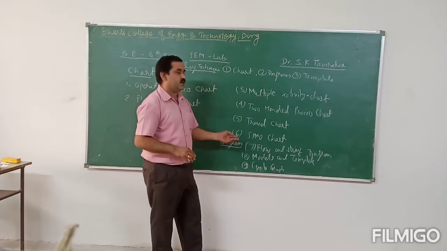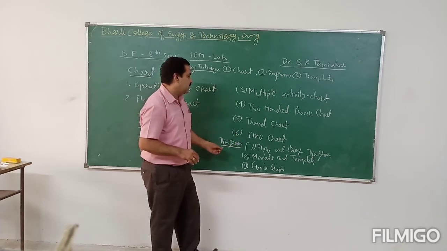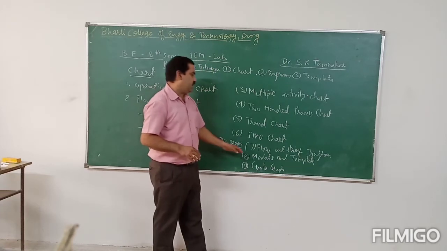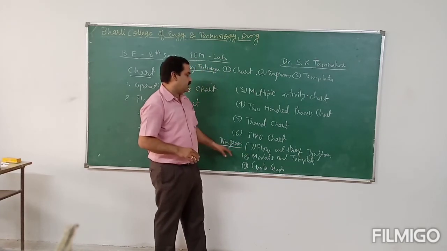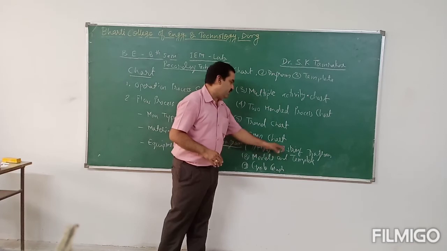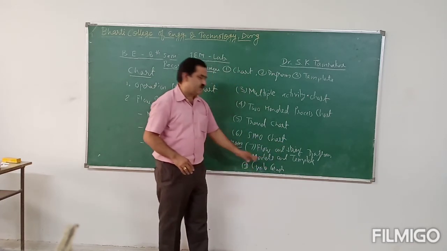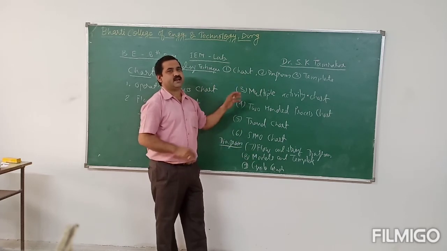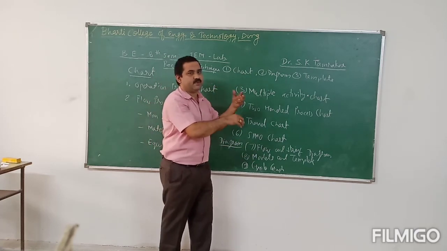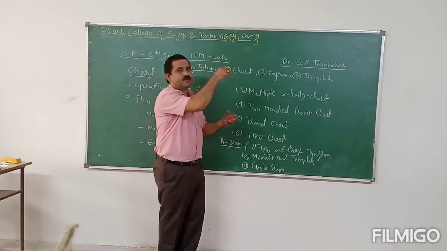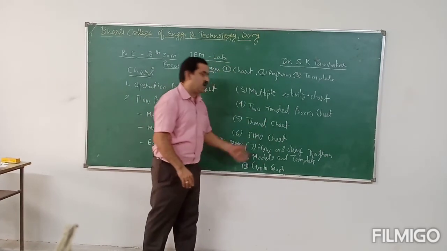Then the SIMO chart is used, a very important chart. Then the flow and string diagram. Then models and templates, and the cycle graph. The cycle graph shows that after completing one operation, we have to go back to the previous operation. This is called a cycle graph.